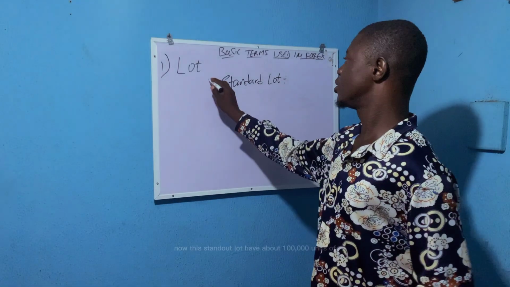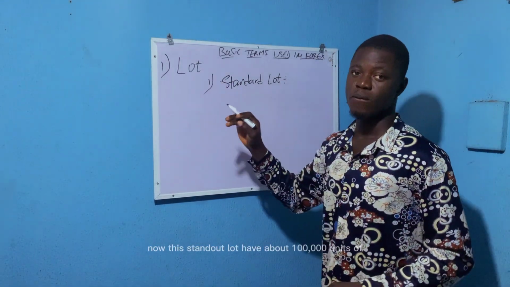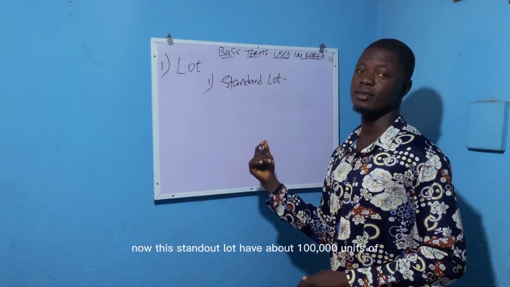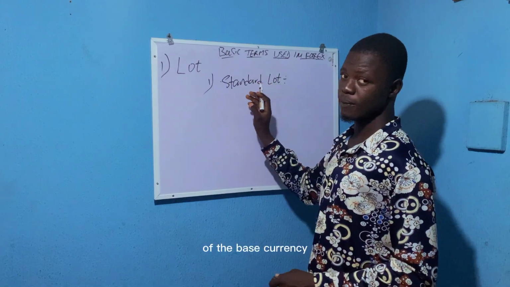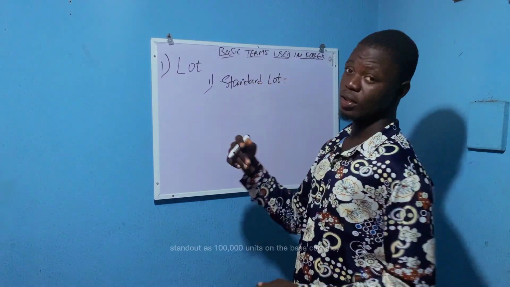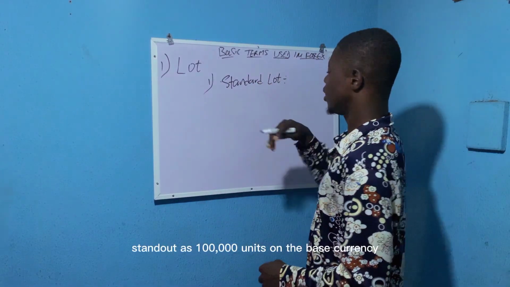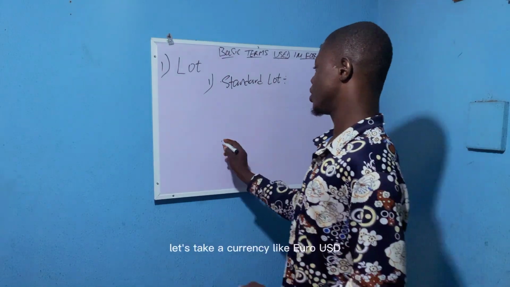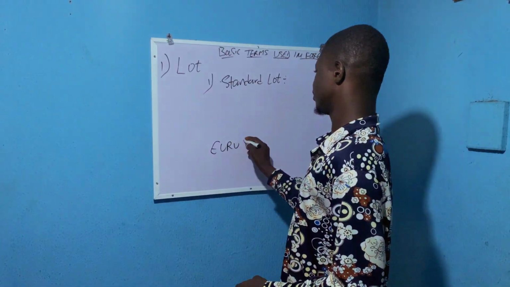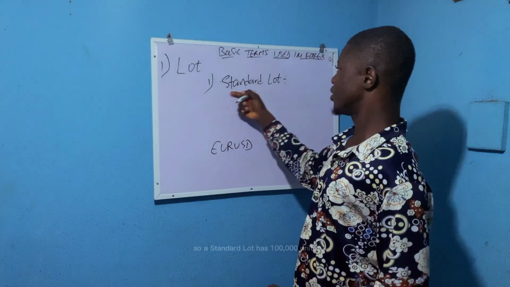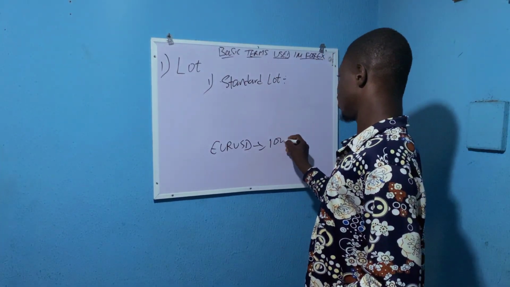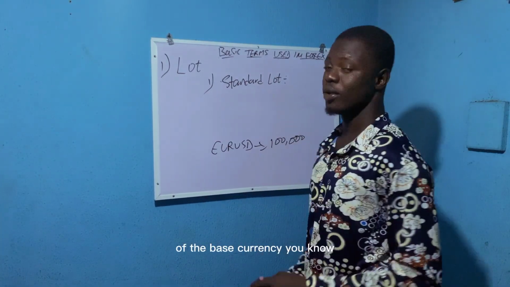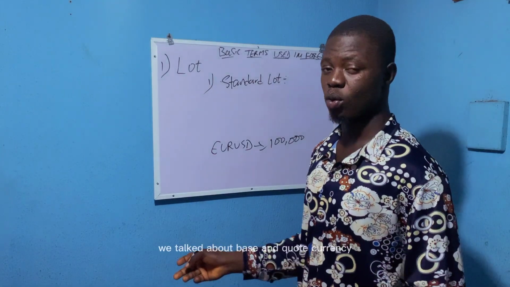Now this standard lot has 100,000 units of the base currency. Let's take a currency like Euro USD. In our last episode, we talked about base and quote currency.